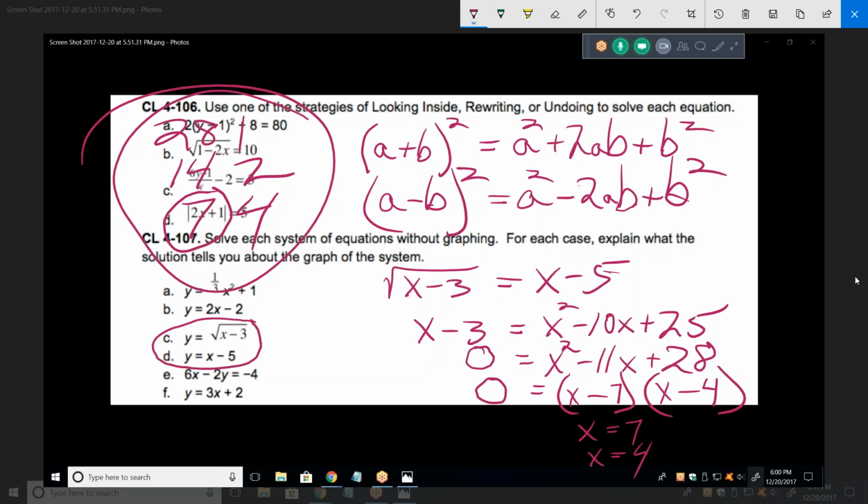Now, since there's 2 x's, there's got to be 2 y's. So what's y when x equals 7? So y is equal to 7 minus 5, so it's 2 for 7. So it's 7 and 2, or... Good.